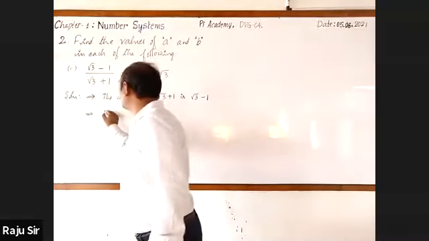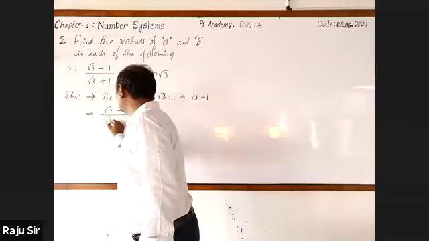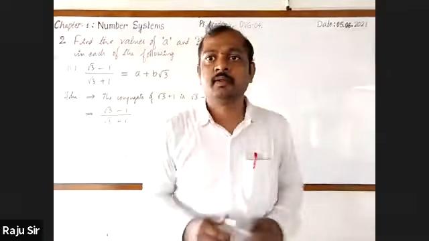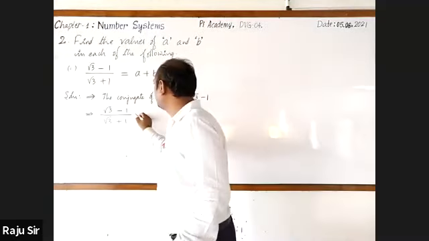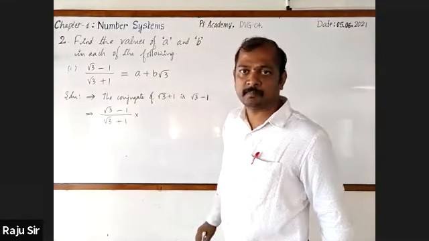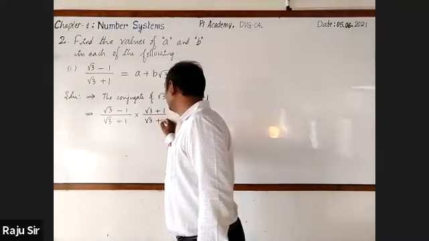It is (root 3 minus 1) by (root 3 plus 1), into, multiply the conjugate to the numerator and denominator. It is (root 3 plus 1) by (root 3 plus 1).